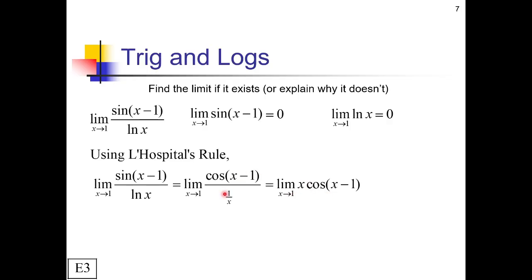Again, here it wouldn't have made a difference, but sometimes it might if plugging in right away would give you something undefined. So now if we plug 1 in this situation, we've got 1 times the cosine of 0 basically. Cosine of 0 is 1. 1 times 1 gives us a final answer of 1.